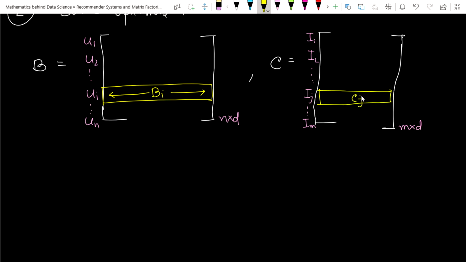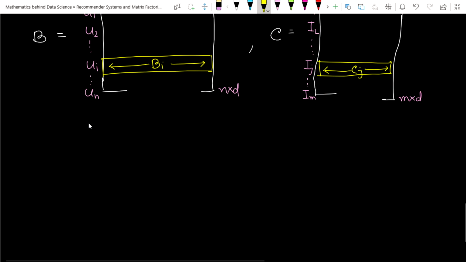Here n is the number of users, and m is the number of items.